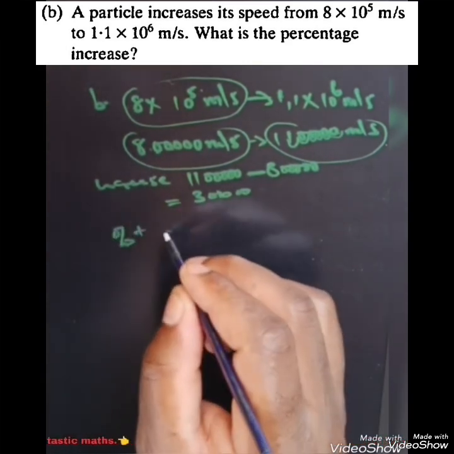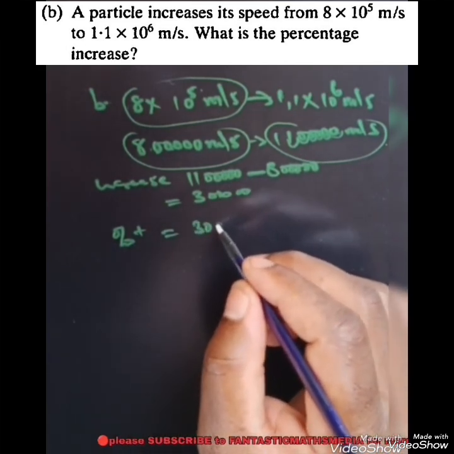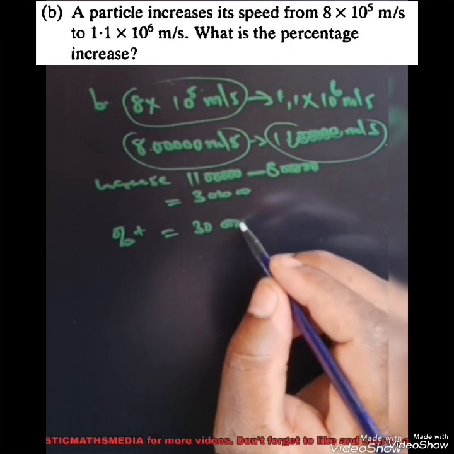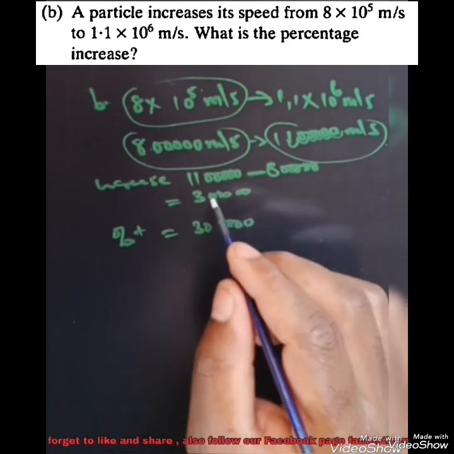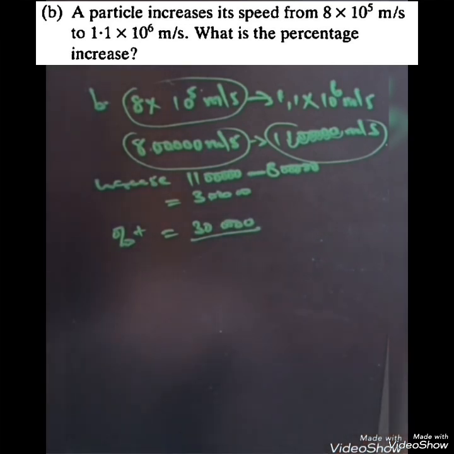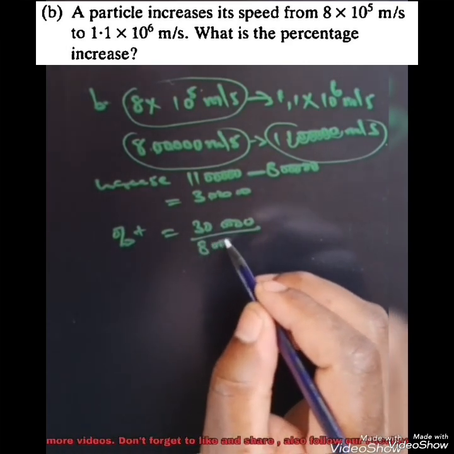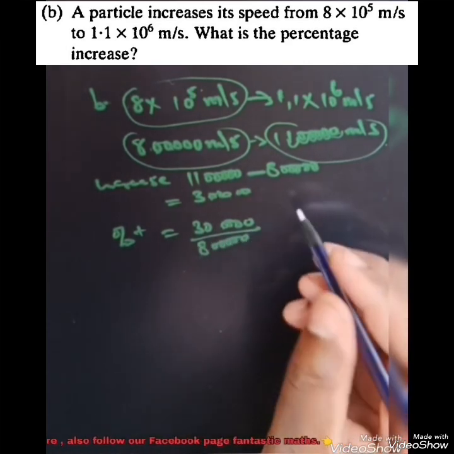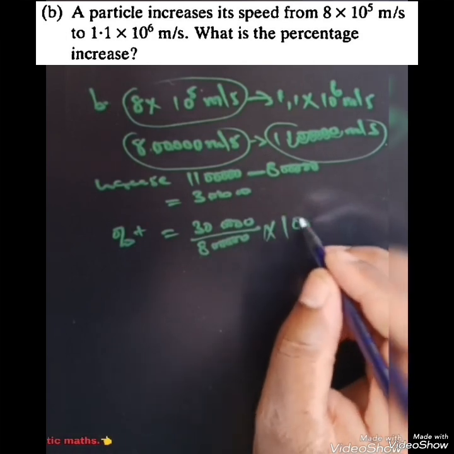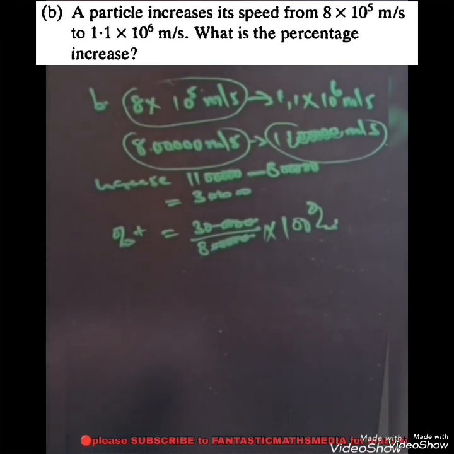So we say 300,000 over, sorry, over 800,000, because 800,000 is the initial speed. So dividing out the zeros, we're left with 3 over 8 times 100%.